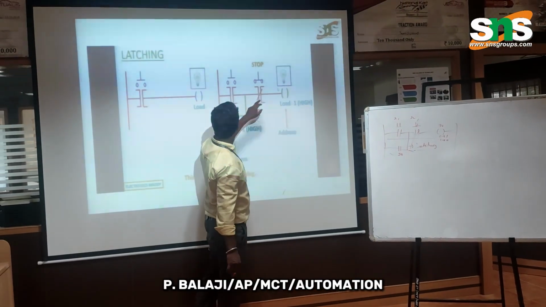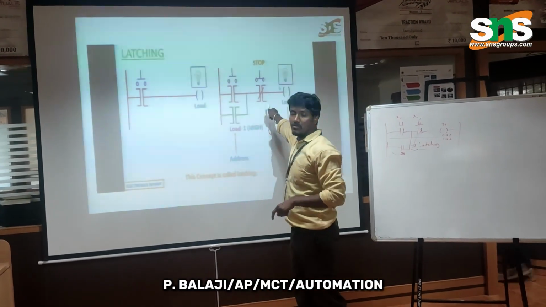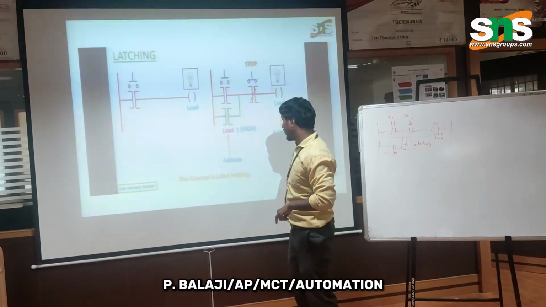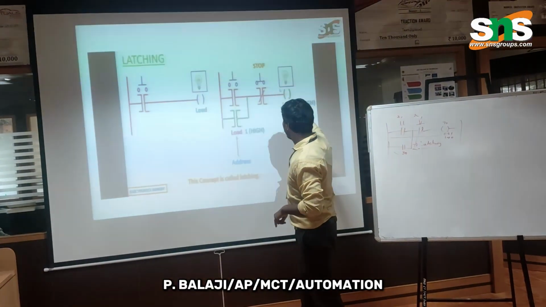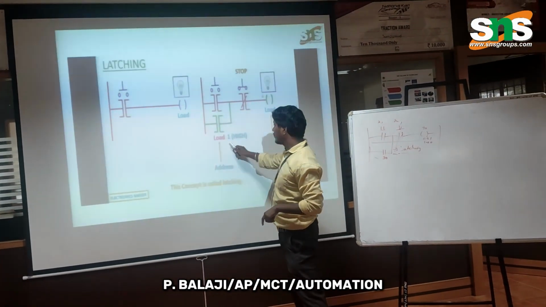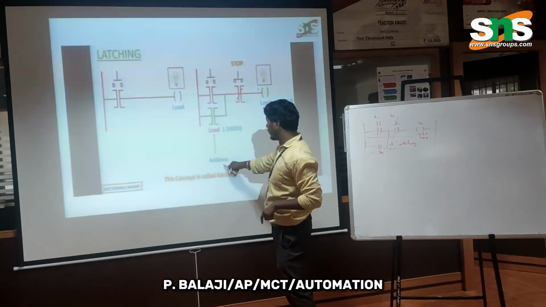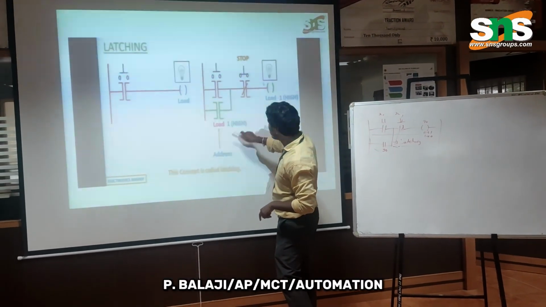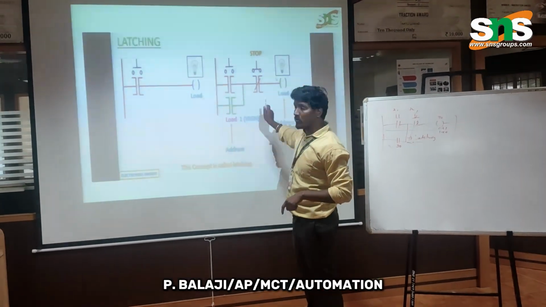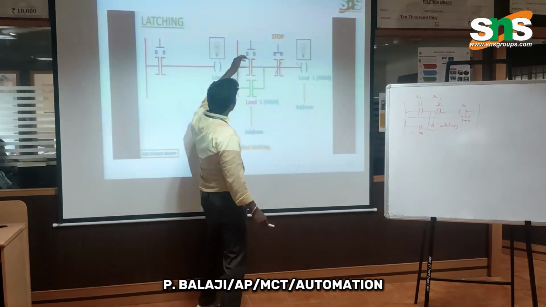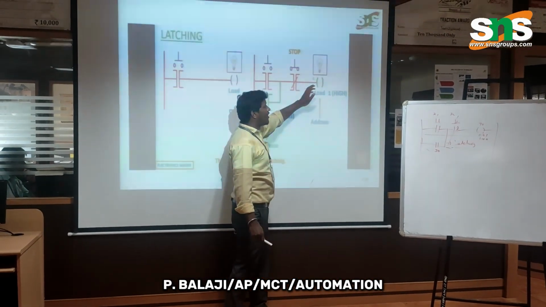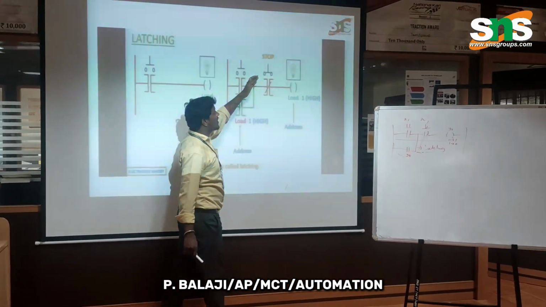By using unlatch, we have to add one normally closed contact. Then we have to give the same name, like load one, the same name as the output itself. That means the address name is the same for both output and input. When you release this button, the load will stay on, until you press the stop.